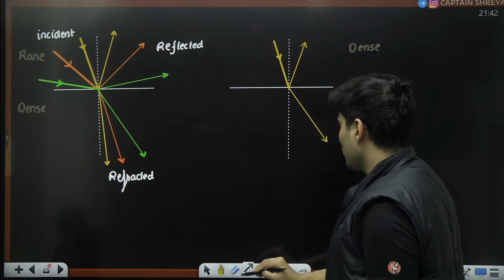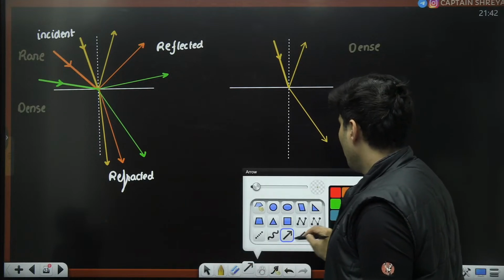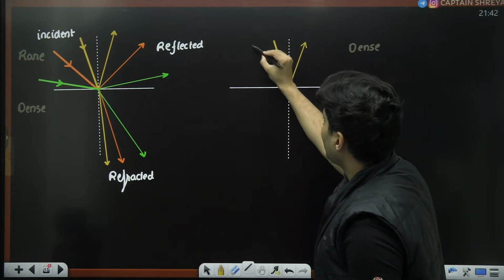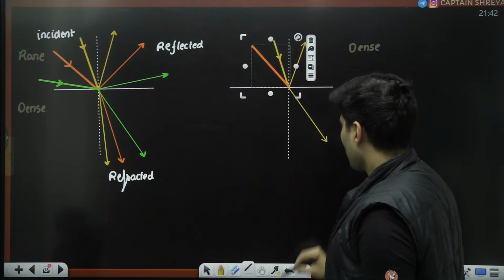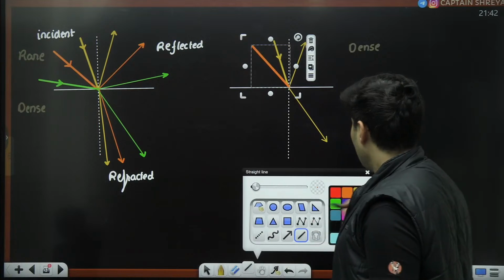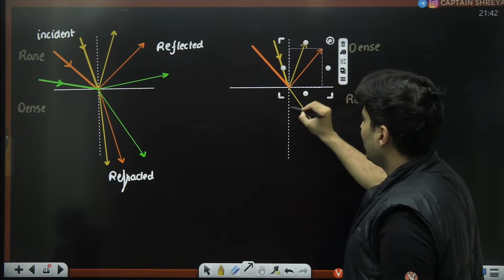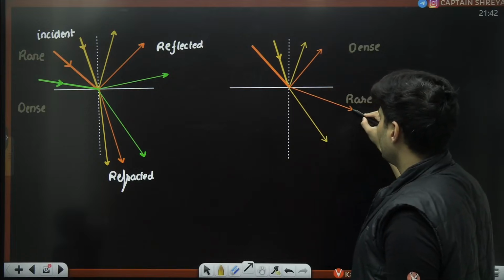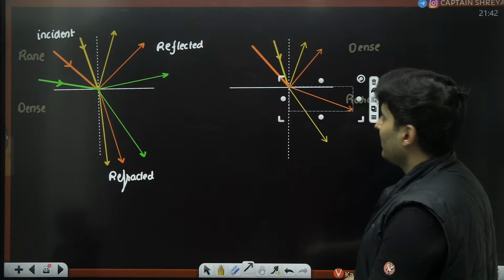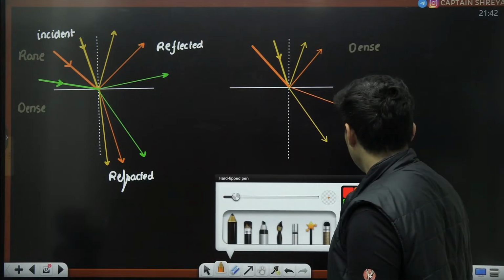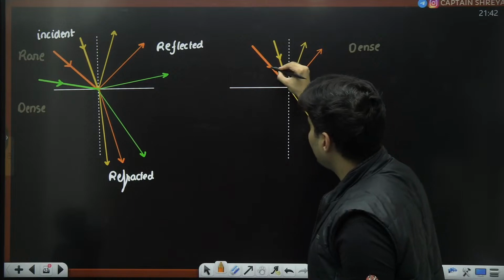Okay, let's choose now a slightly bigger angle, maybe an angle over here like this. Now what will happen to it? It will get reflected for sure like this, and it will get even more refracted, maybe even here. It will bend more away from the normal. Oh, so it is still getting refracted at least.